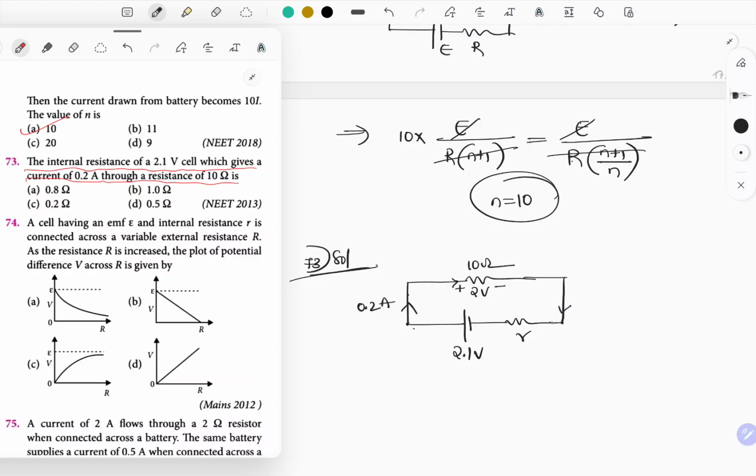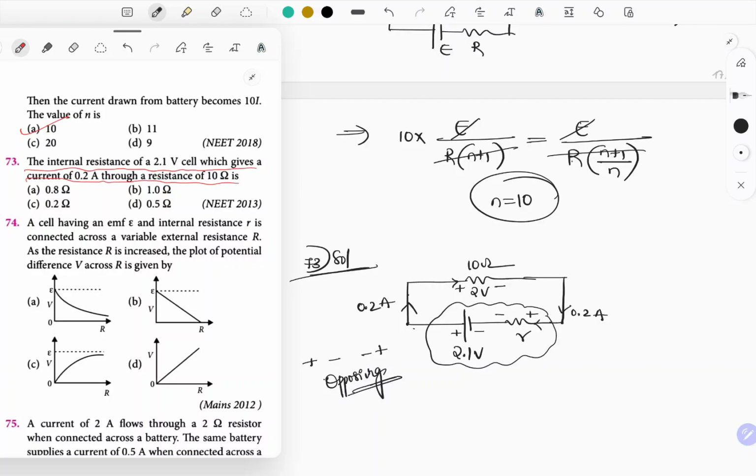And 0.2 amperes is entering the smaller resistor, that is the internal resistance. Now just observe plus minus. These two cells look as if they are connected in series, aiding or opposing, plus minus and minus plus. These two cells are connected in series opposing in nature. So do I have to subtract or add?